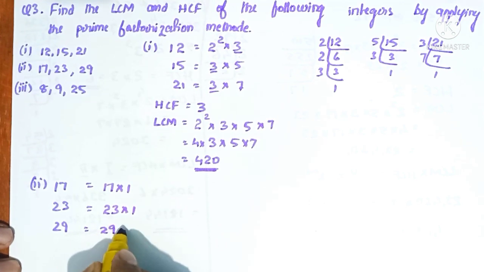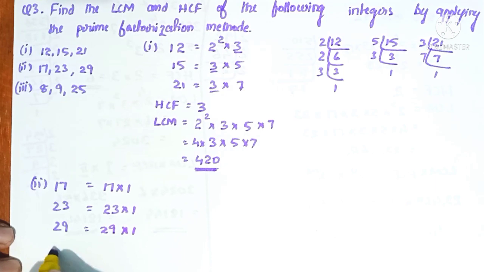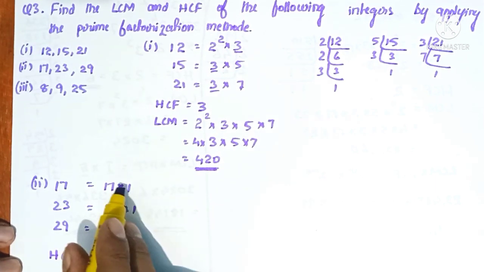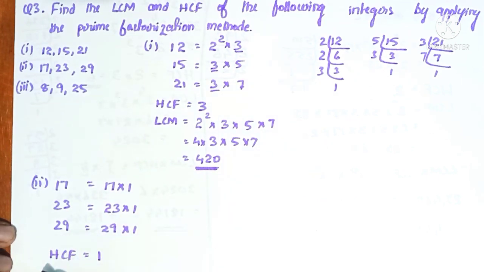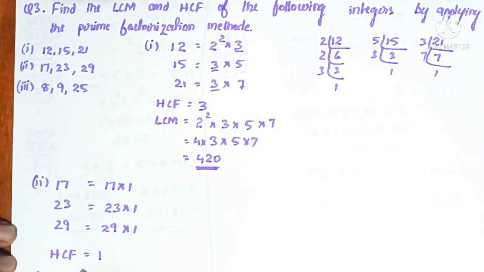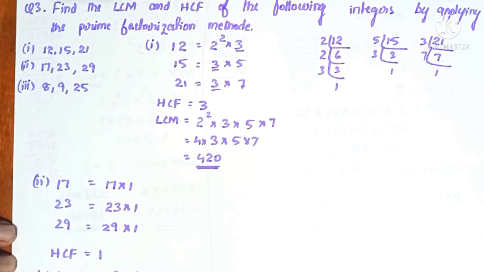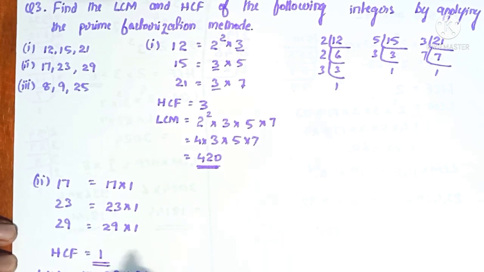So it is 29 into 1. So what is the HCF here? The highest common factor in all these values is 1. So HCF is 1. And how about LCM? LCM is 17 into 23 into 29. So we will get 11339. Okay. This is our answer.